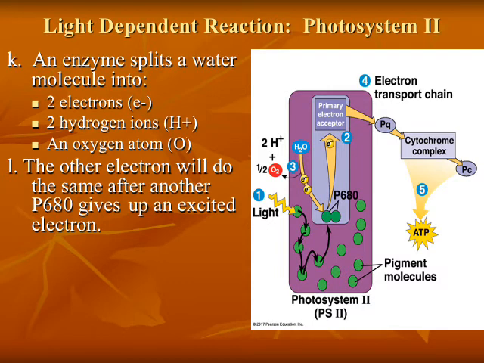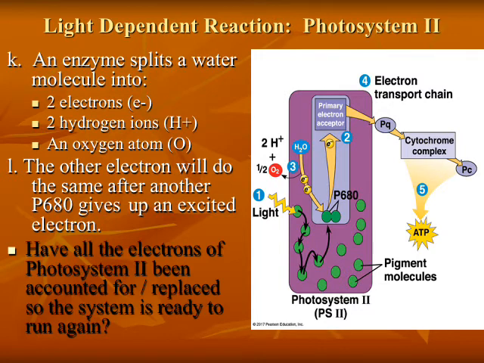The other electron will do the same after another P680 molecule gives up an excited electron. So remember, we have 2 green balls, those P680 molecules. That happens twice for 2 electrons. So have all the electrons of photosystem 2 been accounted for or replaced so the system is ready to run again? Yes.